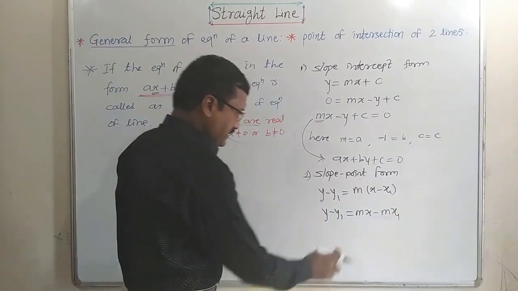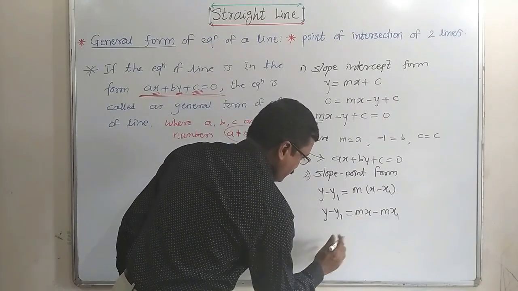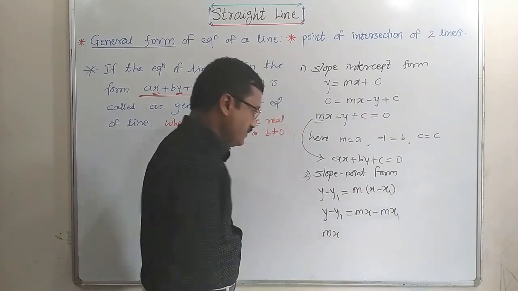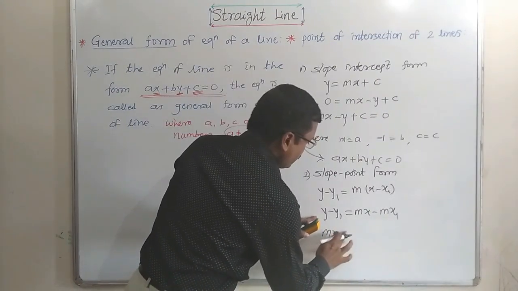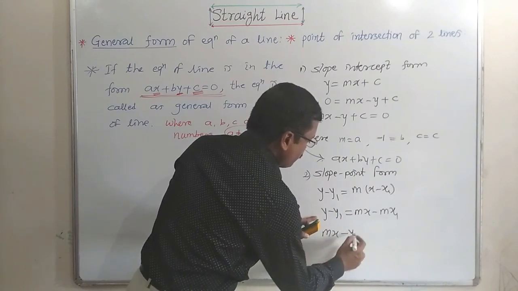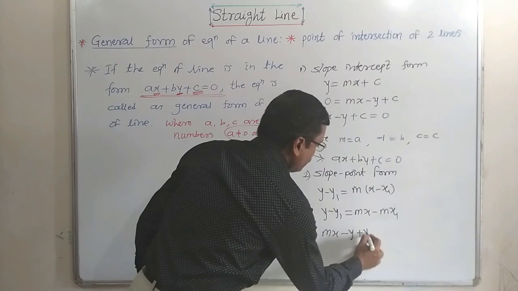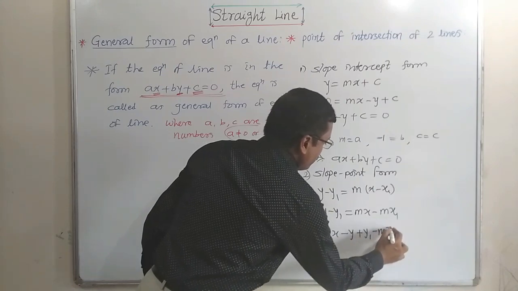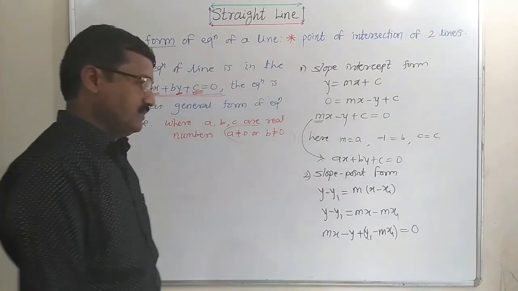Collect the terms of x, that is mx only. So mx is the first term. Where is the y term? y is a single y, so taking it to the right, it becomes minus y. This is minus mx1, taking y1 to the right, we get plus y1 minus mx1, that is equal to 0.